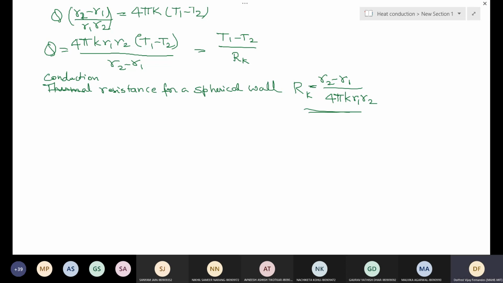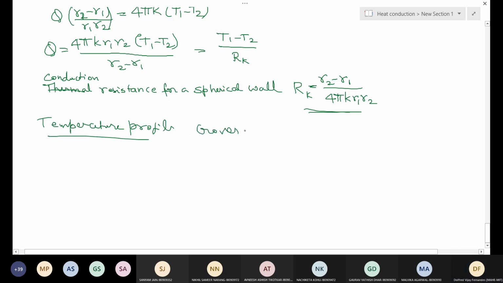So we can write the temperature profile. For that we use the Laplace equation. d by dr, I told you it is very easy to remember. For spherical you have to write here r squared dT by dr. The process is again the same, I think I can ask you to do this one.